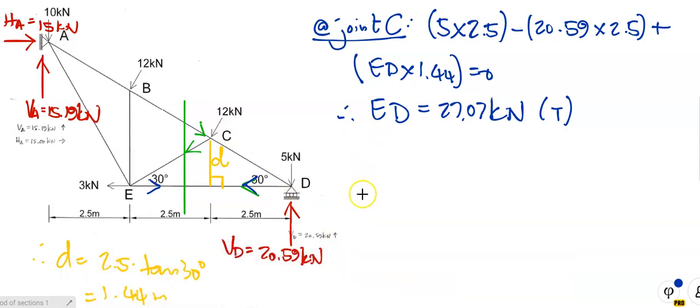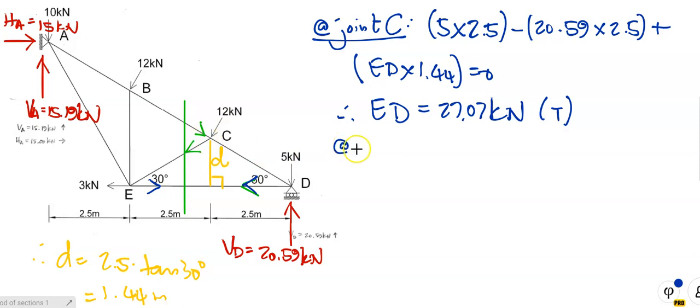Remember, ED is done. I need to now determine either EC or BC. I'm now going to take moments about point E. If I take moments about point E, ED is going to be out of the equation. EC is going to be out of the equation. I'll now be able to determine BC.